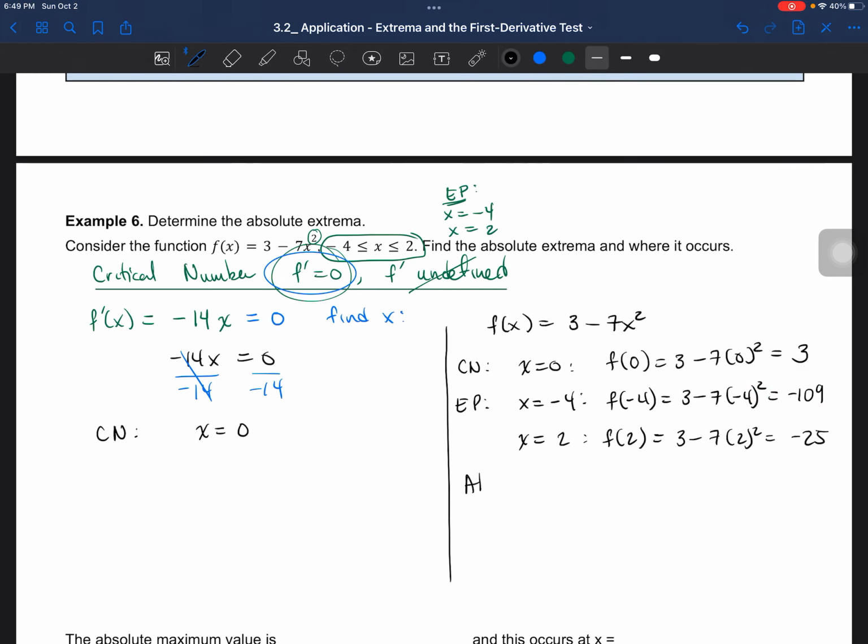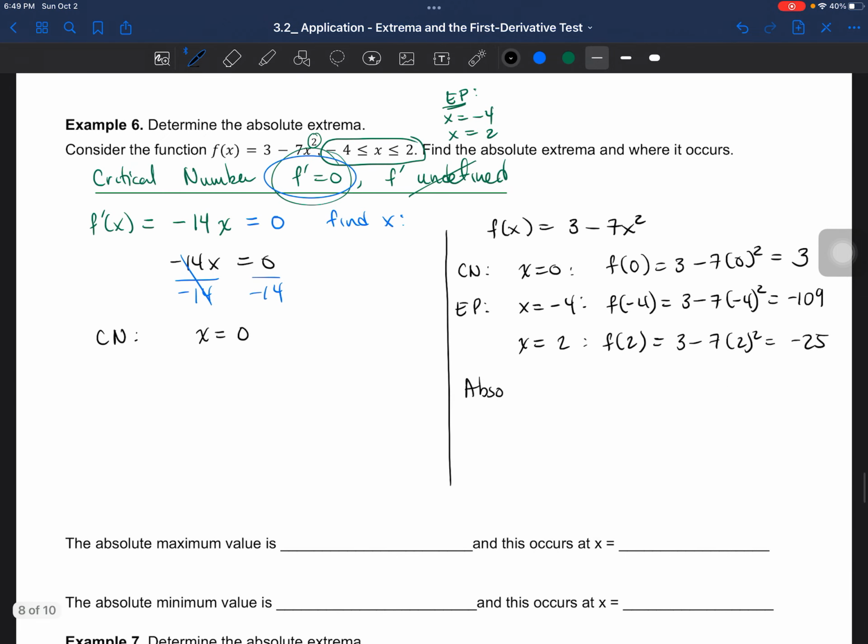So the absolute minimum is negative 109, and it happens at x equals negative 4, because that's the lowest value of the function. There's nothing lower than this number, negative 109, in the entire function between negative 4 and 2.